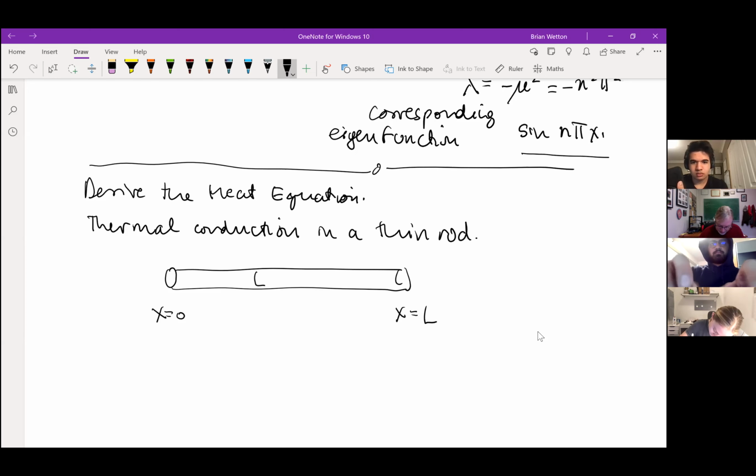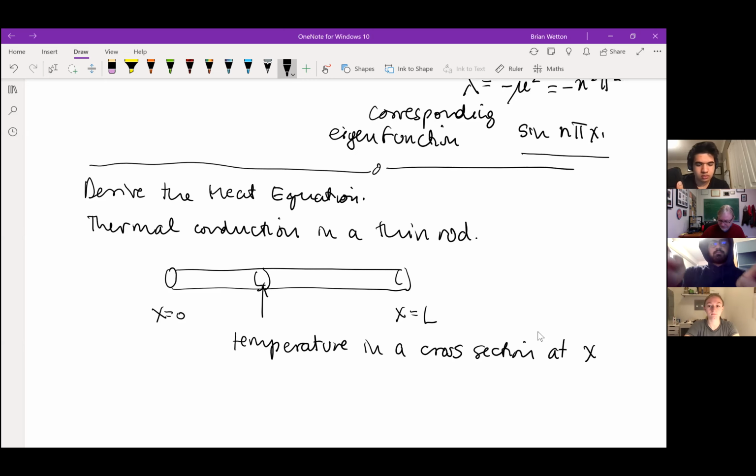And I'm going to look at the temperature in a cross section at a given point x. This is something we're going to follow up on when we get to the heat equation in higher dimensions, where we'll look at the radial aspect of the temperature.